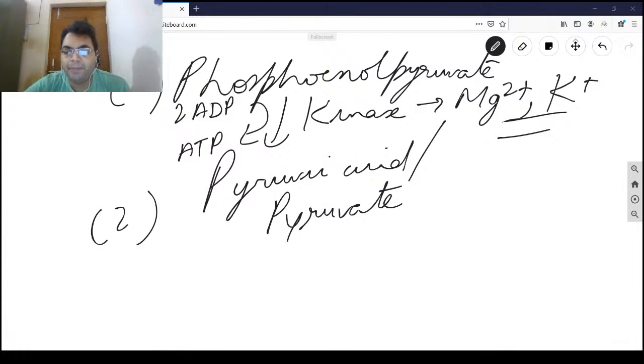And once pyruvate is produced, it is produced in the enol form. If you have studied tautomerism, I'll just draw it for you. It is produced in the enol form. Just look here.